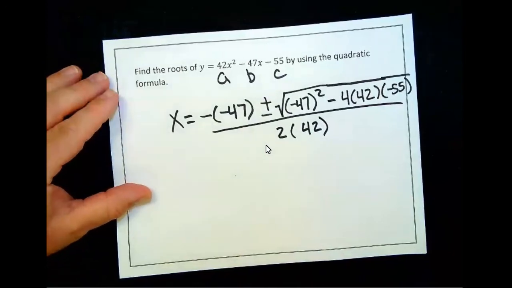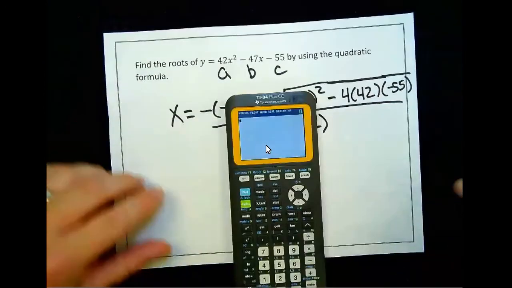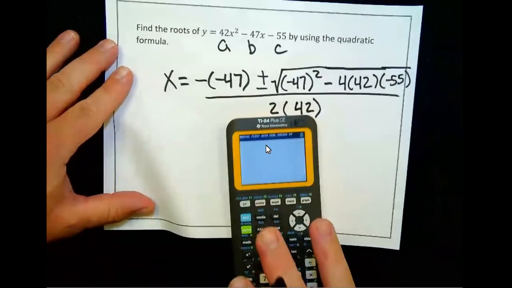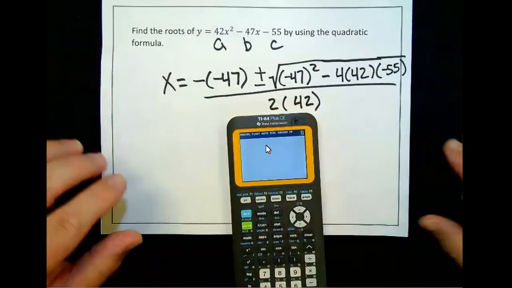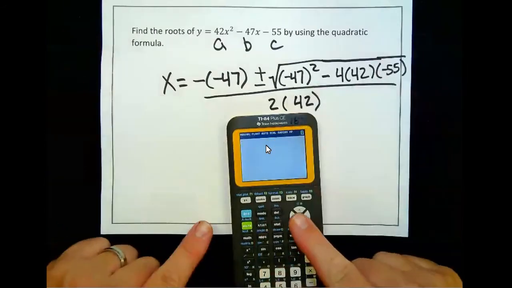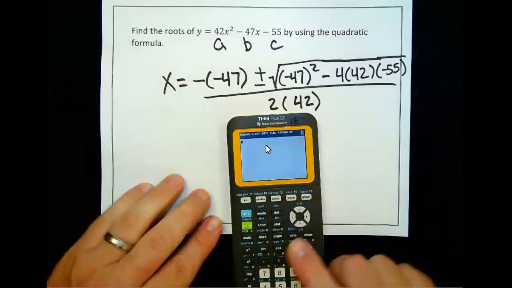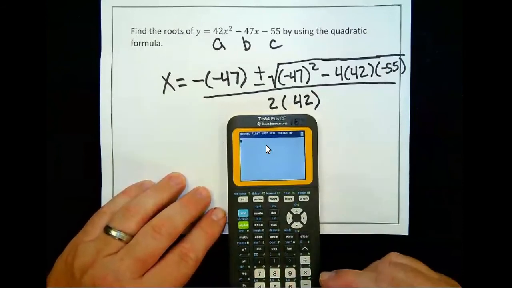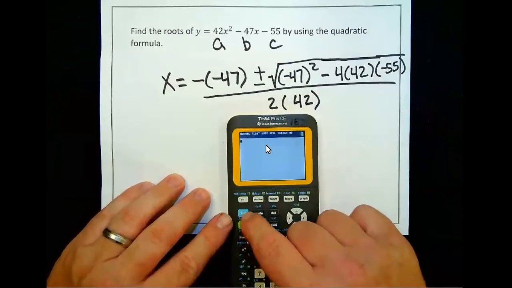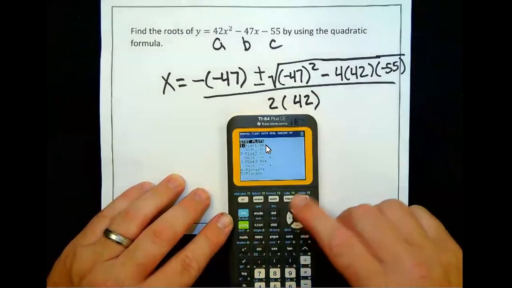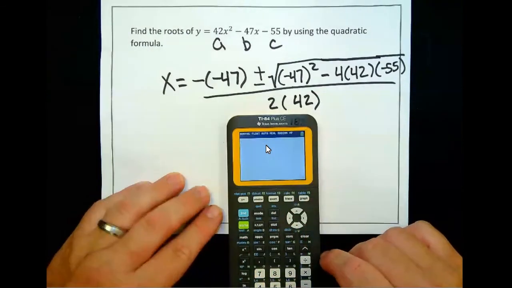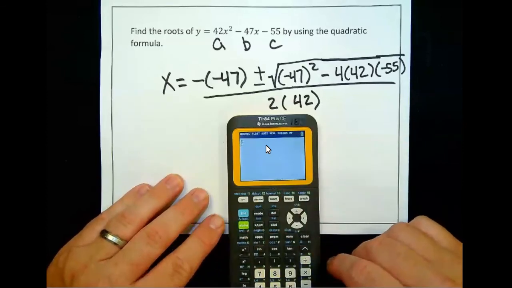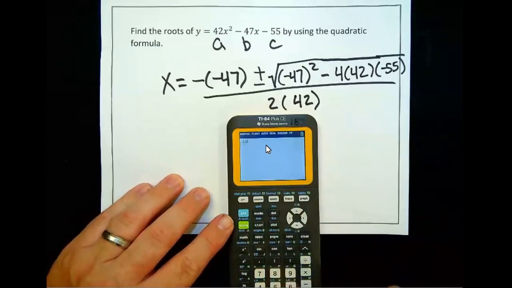This is a dandy time to get a calculator. Now, there are two ways that I could do this. The first way is I could put this entire equation in at once. I'm going to do it just like it looks. I'm not going to simplify anything. So I'm going to go second and y equals, or alpha y equals, to get my fraction, negative 47.